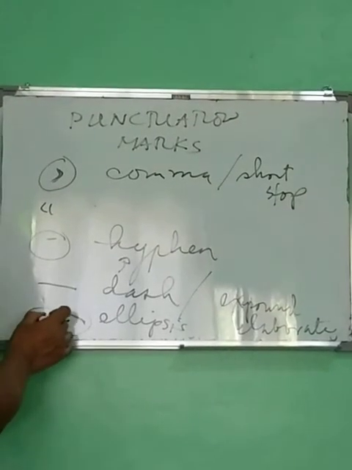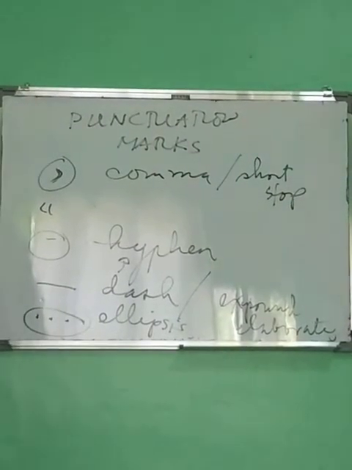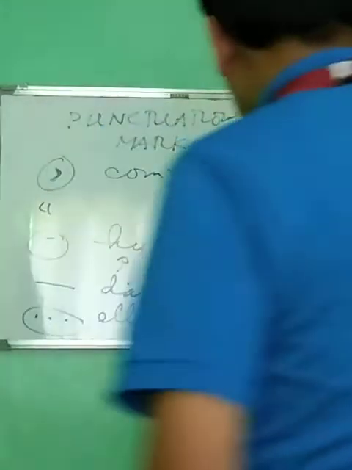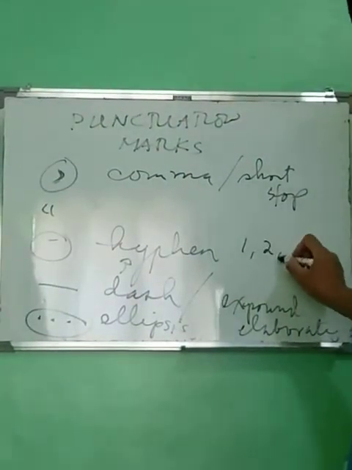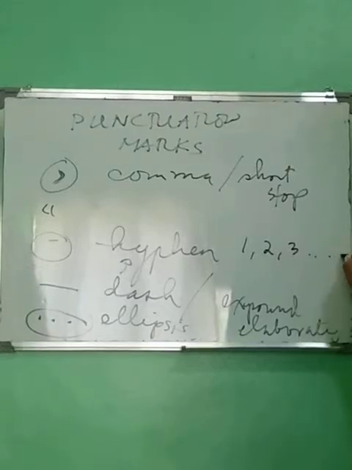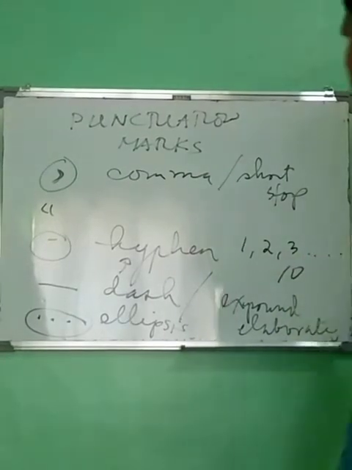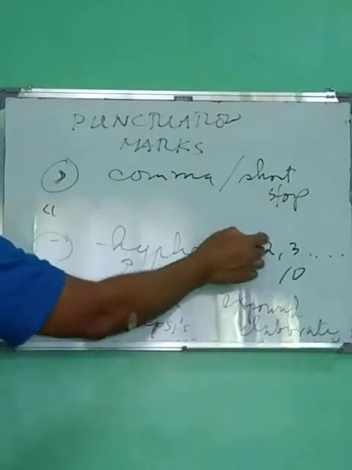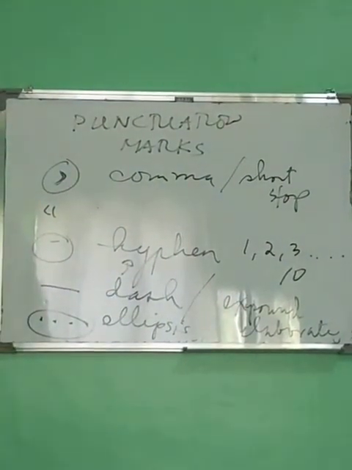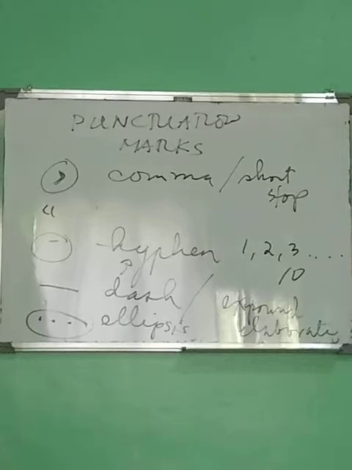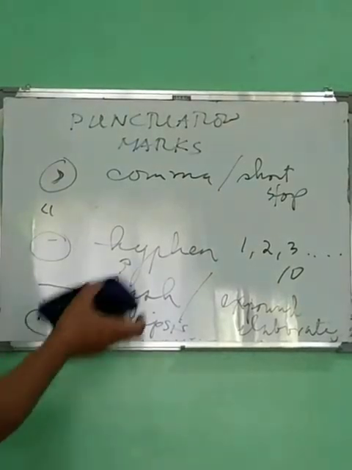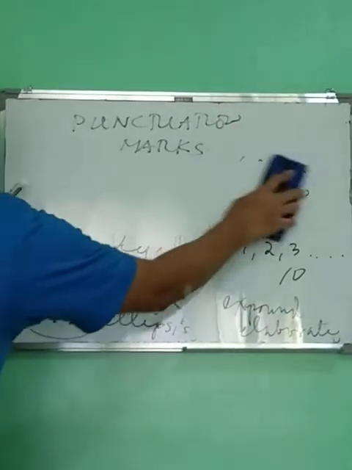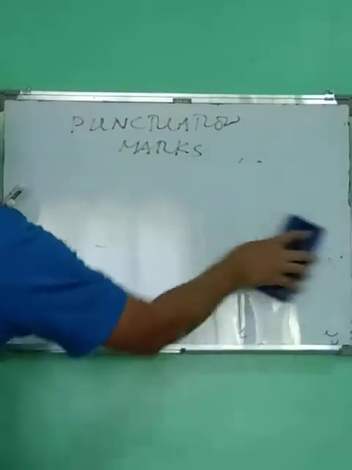Then you put an ellipsis so that it will not be very long. Say, for instance, you say 1, 2, 3, then you put an ellipsis, then 10. Instead of saying 1, 2, 3, 4, 5, 6, 7, 8, 9, 10, you just put the ellipsis after three numbers, for instance.